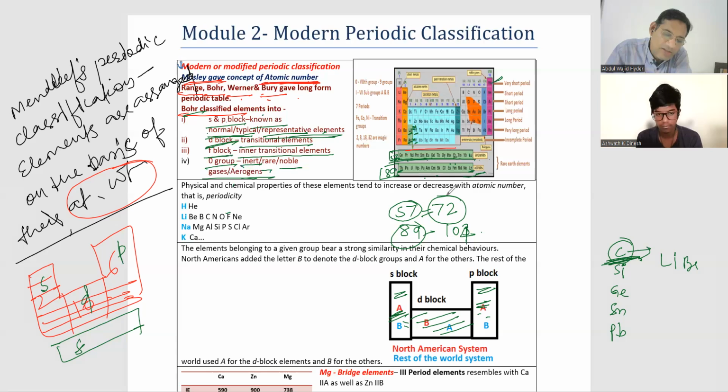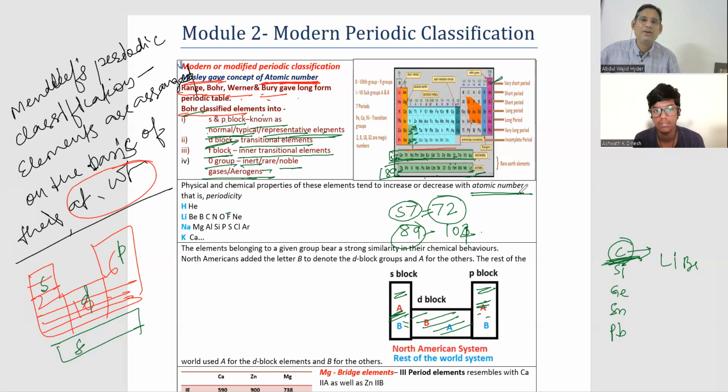So now see, you have classified elements into different blocks, SPDF. With the increase in atomic number, why have you arranged elements on the basis of increasing atomic number? Before Mendeleev's classification, elements were classified too, but there was no fundamental, scientific reason, no fundamental property based on which we could classify the elements.